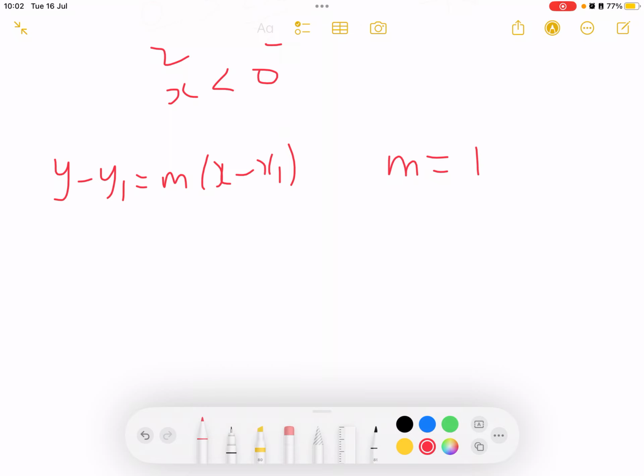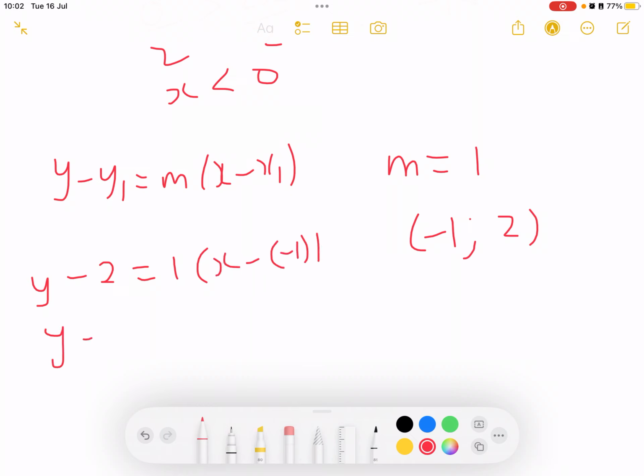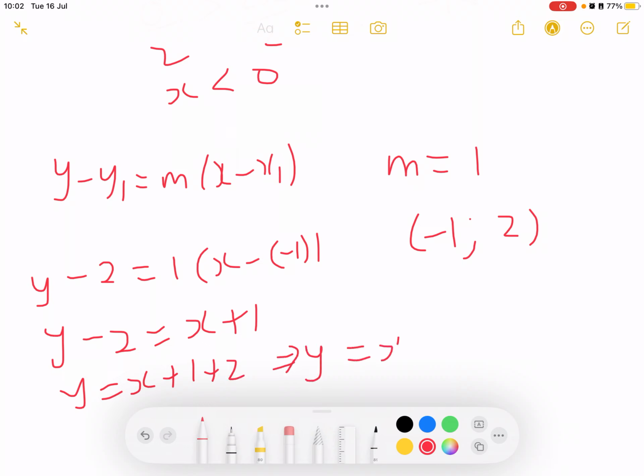And the asymptotes form a point at (-1; 2), the two asymptotes that I mentioned above. And then if we substitute, y minus 2 equals 1 times x minus negative 1. Then this gives us y minus 2 equals x plus 1. This is y equals x plus 1 plus 2, which is y equal to x plus 3.